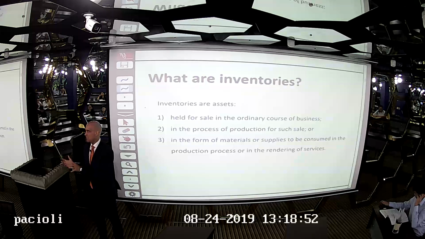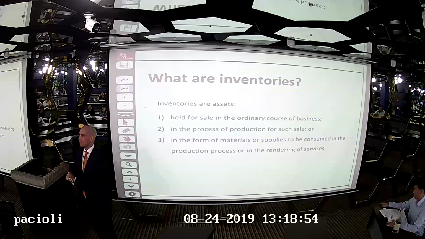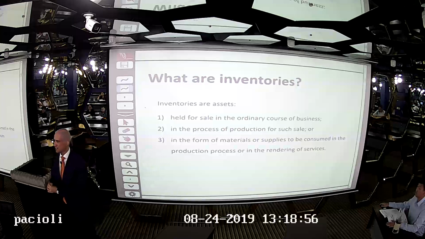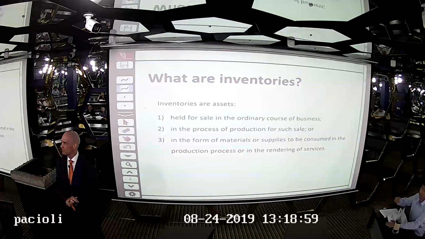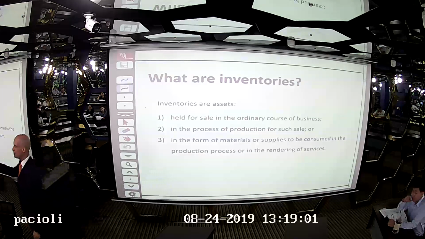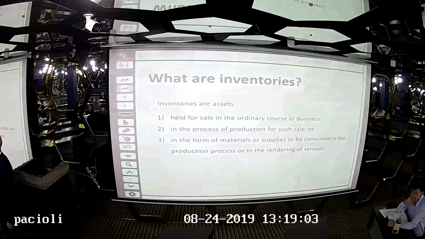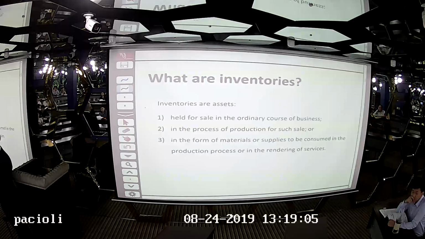And we can have the inventory of raw materials that we use to make the inventory. And then we can have some consumable inventory that we will use up, and there will be nothing left. We use up in giving the service, or we use up in our production.